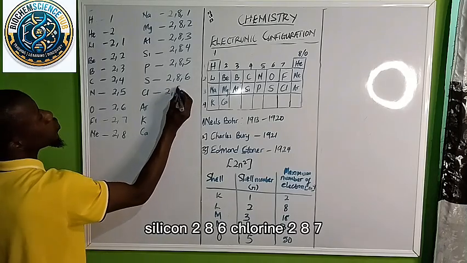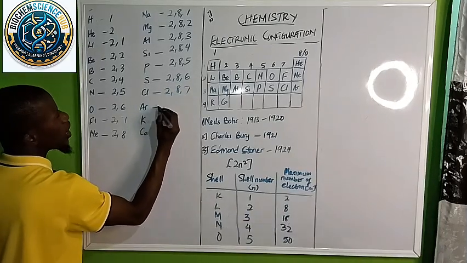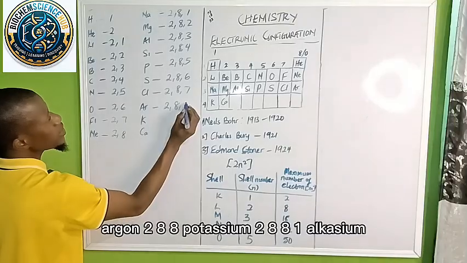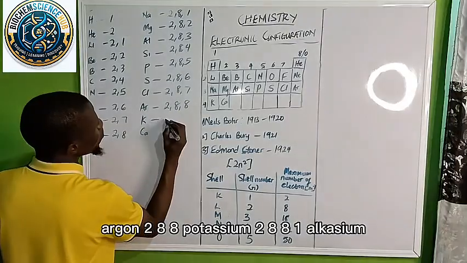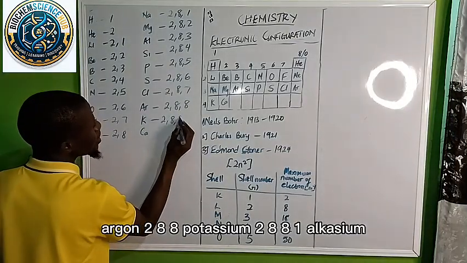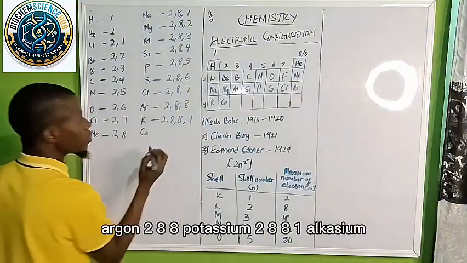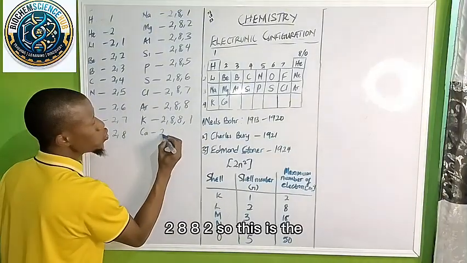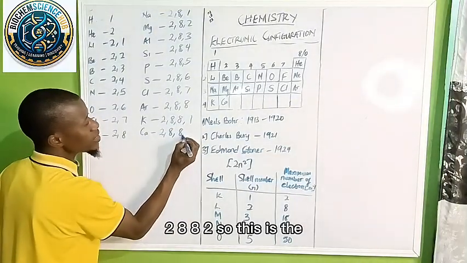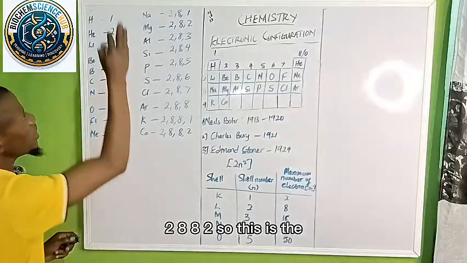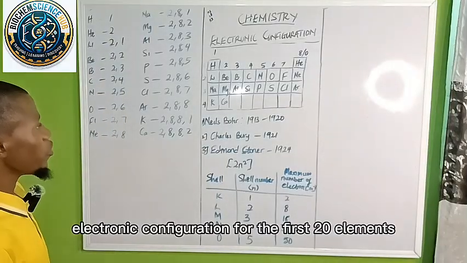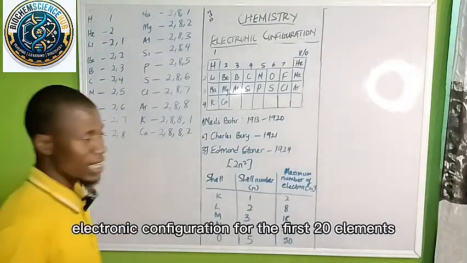Chlorine, 2, 8, 7. Argon, 2, 8, 8. Potassium, 2, 8, 8, 1. And calcium, 2, 8, 8, 2. So this is the electronic configuration for the first 20 elements.